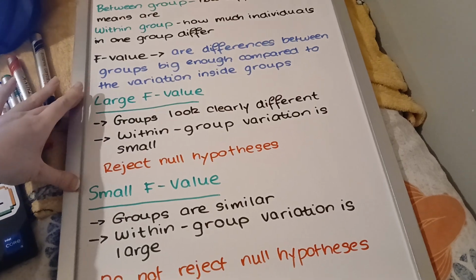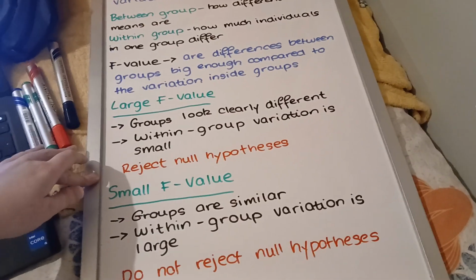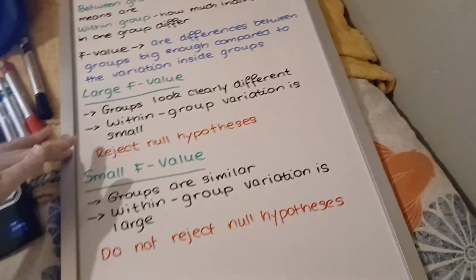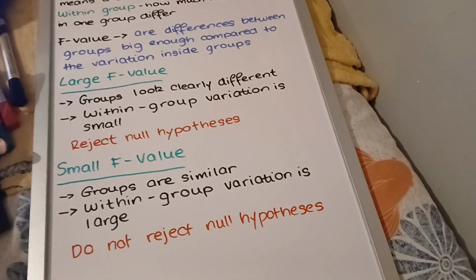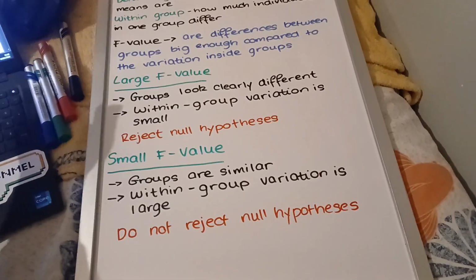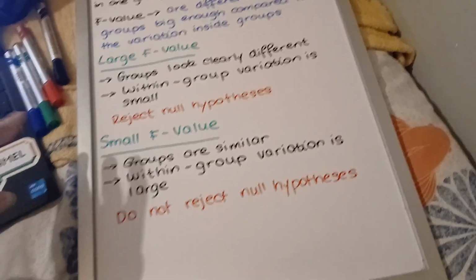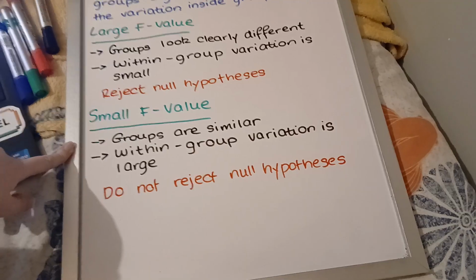So in this instance, with a large F value and with these two conditions, we're going to reject the null hypothesis. By rejecting the null hypothesis, we are saying that the two groups are not the same. The group with a mean of 80 and the group with a mean of 50 are not the same. With a small F value, the groups are similar.